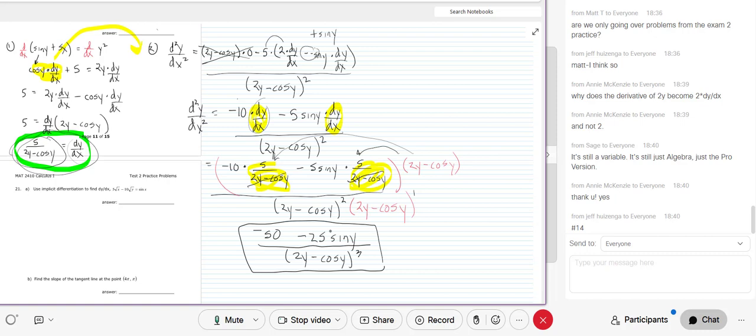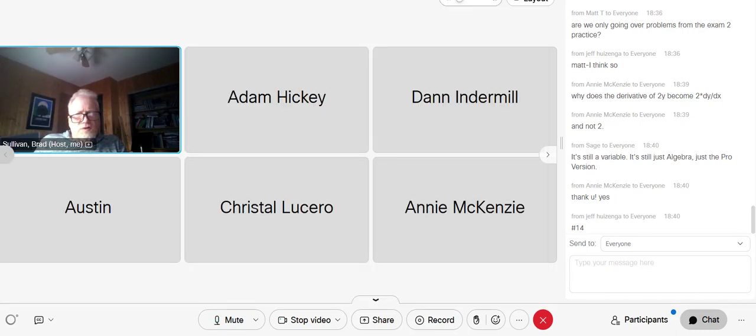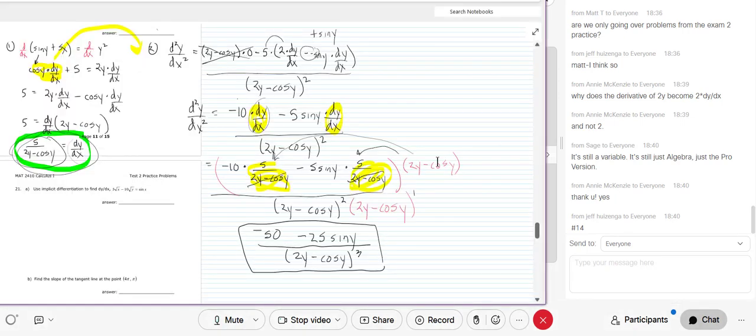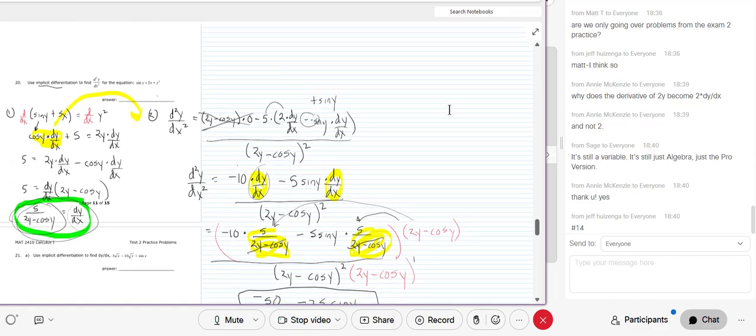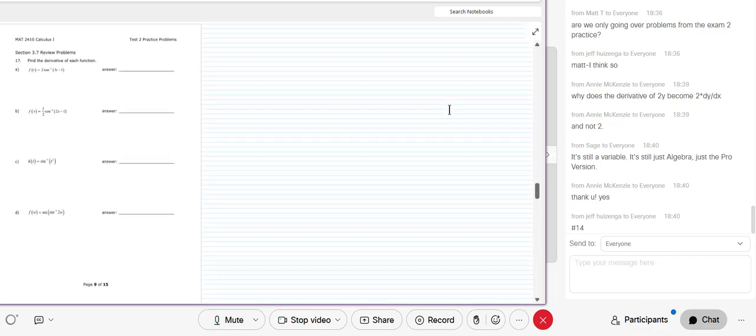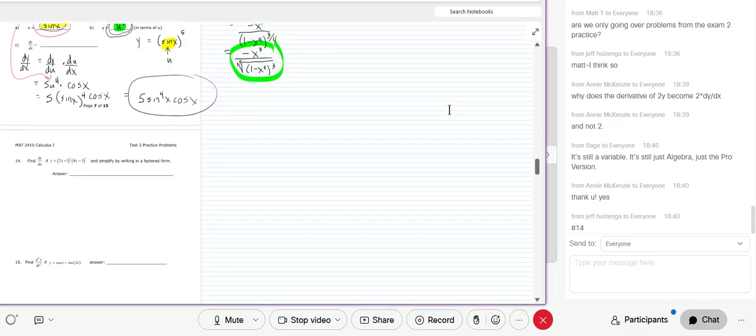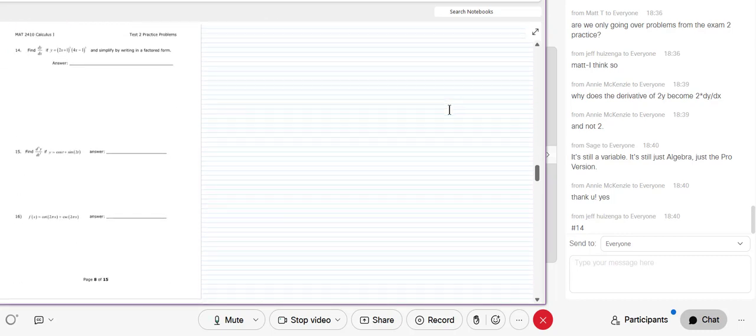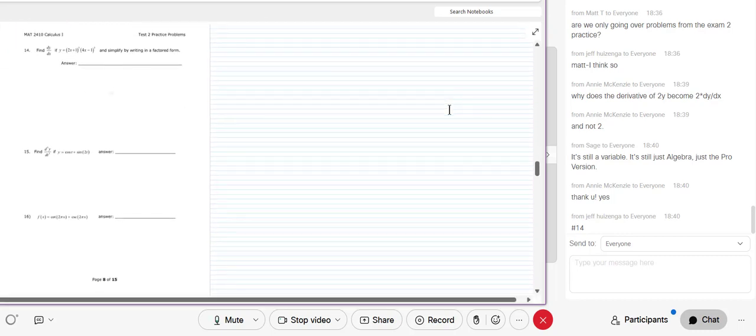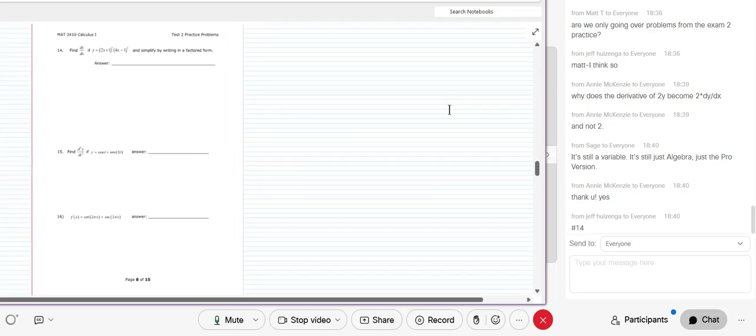Okay, so let's take a look and let me see what else. Jeff, you're asking about number 14. So I'll go ahead and load up 14 and let's see what we're looking at there. I'm glad you asked this. This is a chain rule.